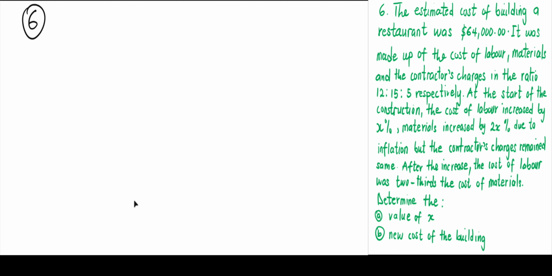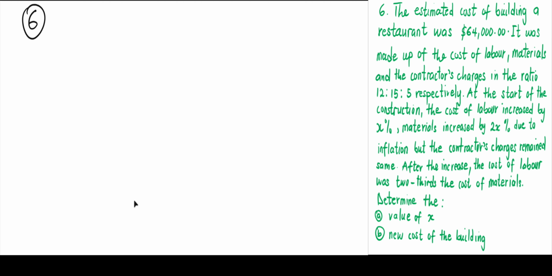The estimated cost of building a restaurant was $64,000. It was made up of the cost of labor, materials, and the contractors' charges in the ratio 12 to 15 to 5, respectively. At the start of the construction, the cost of labor increased by X%.